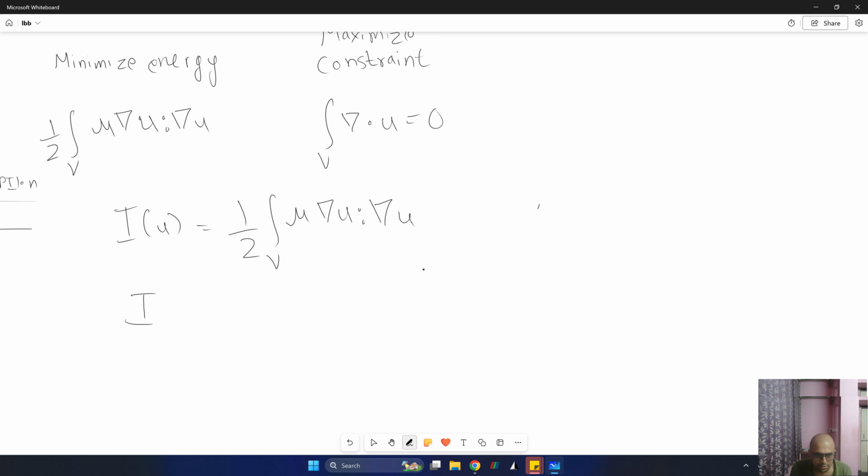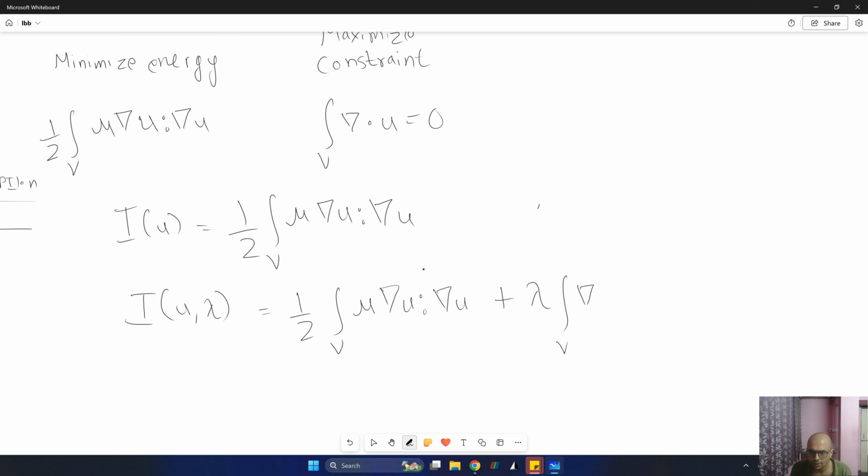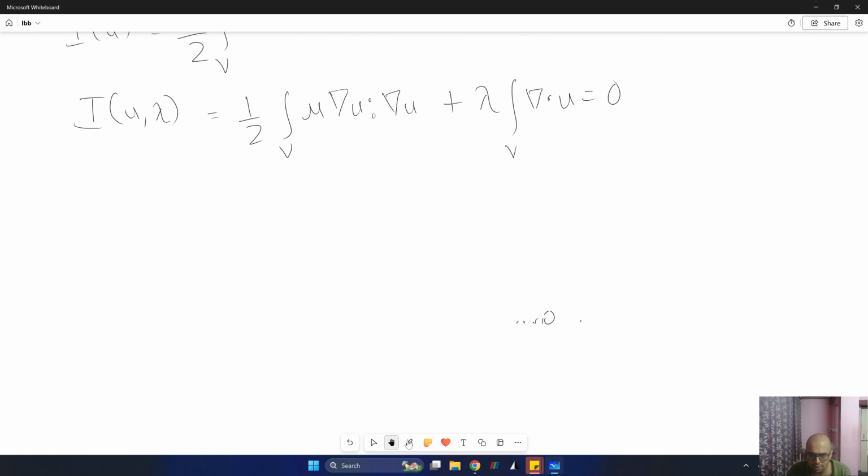So to do that, we just write this as u dot lambda, where lambda is your Lagrange multiplier, mu grad u double dot grad u plus lambda into your constraint. So this is the constraint which we want to maximize, and this energy is what we want to minimize.